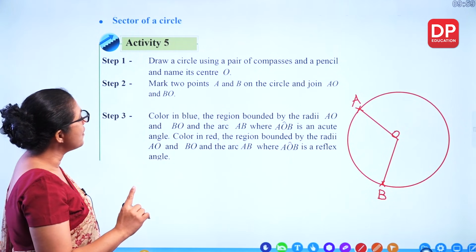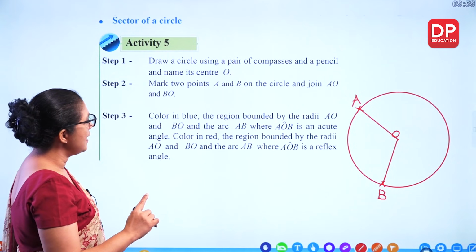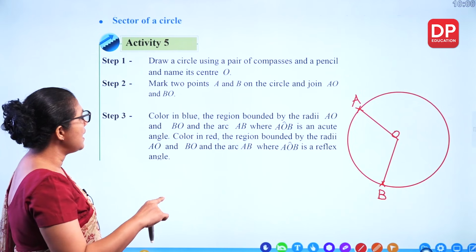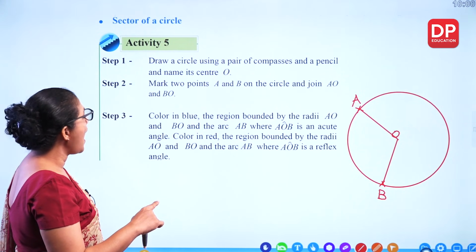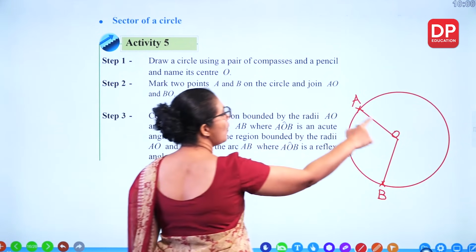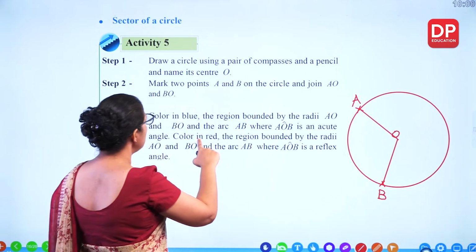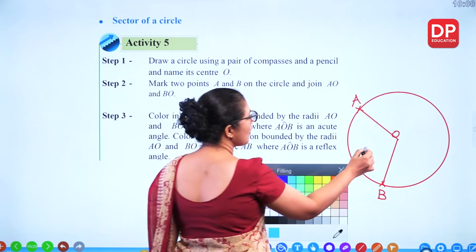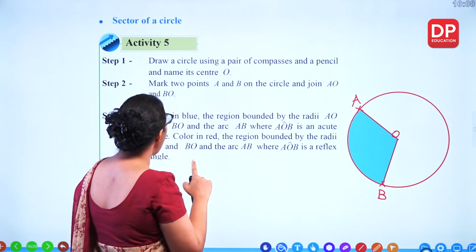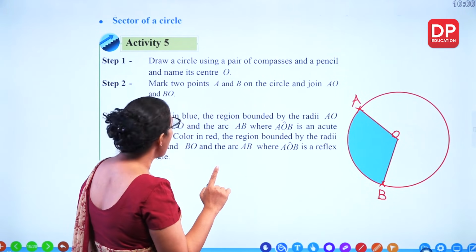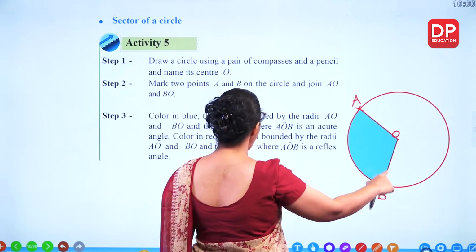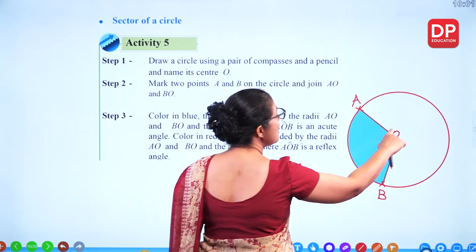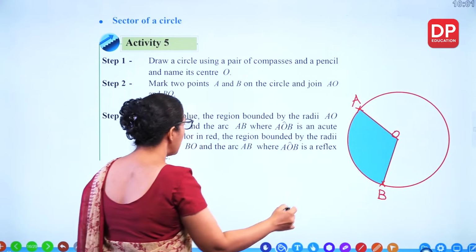Color in blue the region bounded by the radii AO and BO and the arc AB, where AOB is an acute angle. So this is in blue. And the region bounded by the radii AO and BO and the arc AB, where AOB is a reflex angle, this side in red.